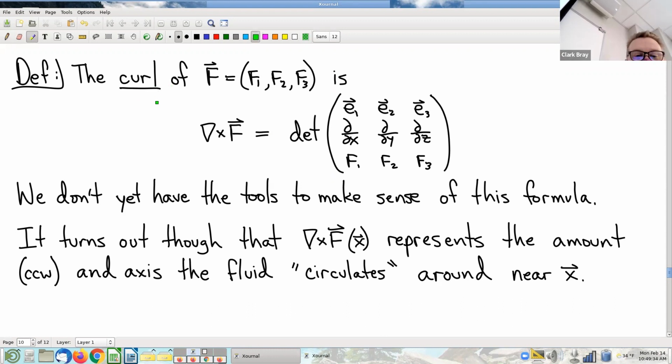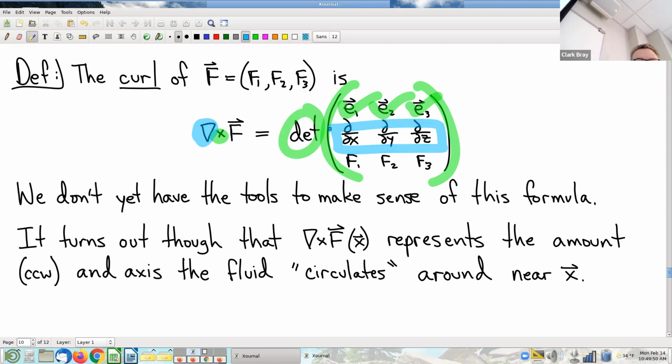Because the curl is a cross product where you take the determinant and put the standard basis vectors across the top. But it's a cross product where the first vector is, again, a symbolic vector, not a real, actual, honest vector. So this is a symbolic computation on a symbolic object, partly.